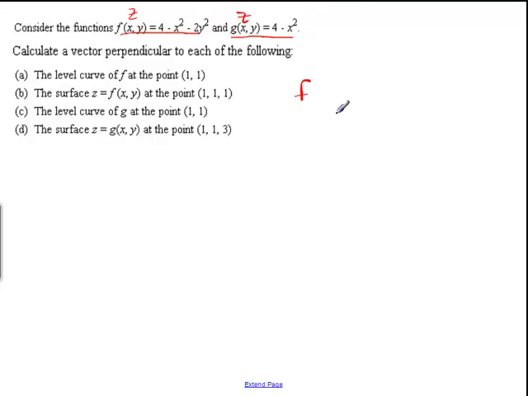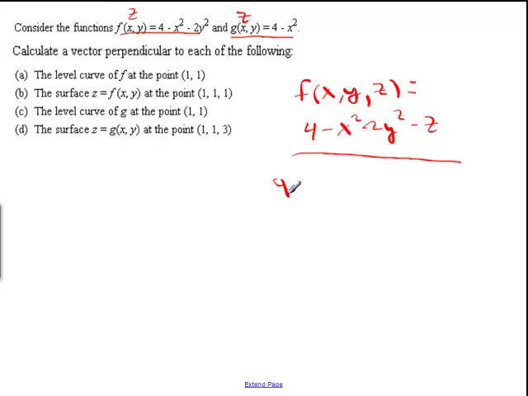So f of x, y, z equals 4 minus x squared minus 2y squared minus z, and we have g of x, y, z, which equals 4 minus x squared minus z.